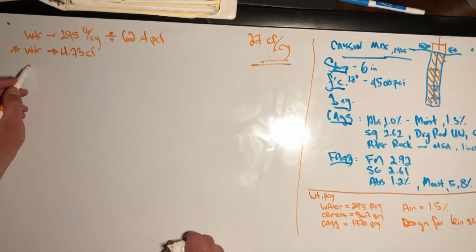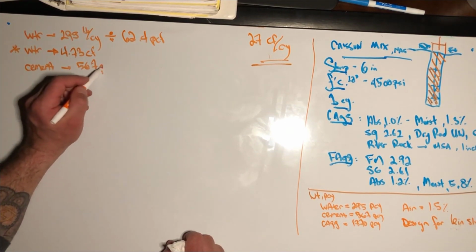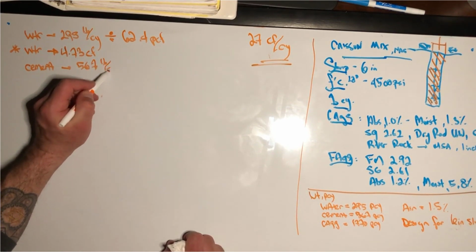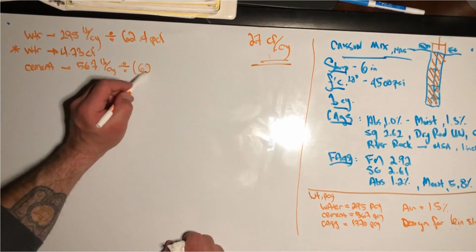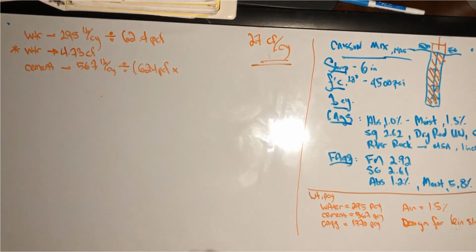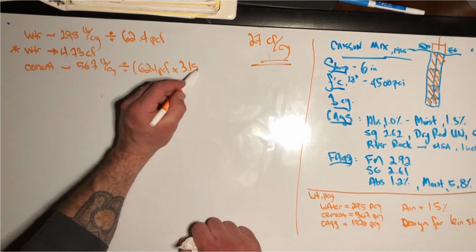The next thing I'm going to do is my cement. Now I remember I had 567 pounds per cubic yard of cement. I want to divide that, not just by my unit weight of water, but I also have to multiply by my specific gravity of my cement. Now you can go ahead and look this up, I'll go ahead and give that to you.